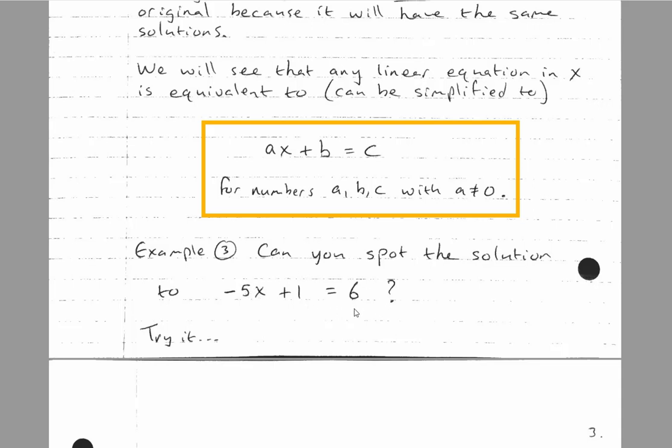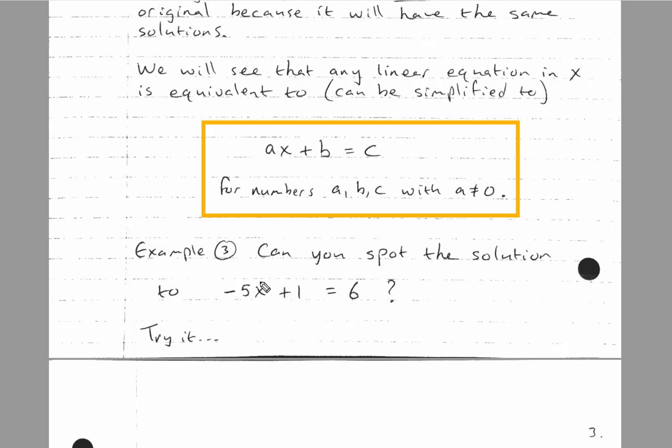Maybe play around with it, try different numbers. A simple number to try is x equals 0. If you replace x by 0, negative 5 times 0 is 0, so this disappears. But that doesn't work. So 0 is not a solution.